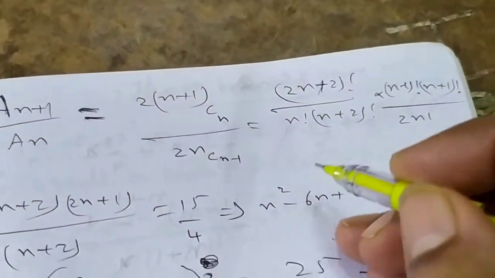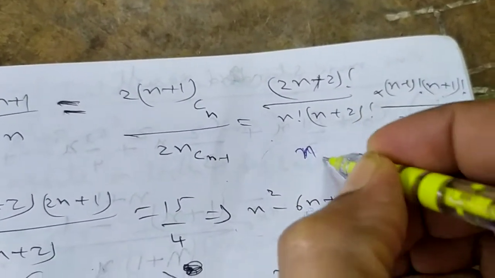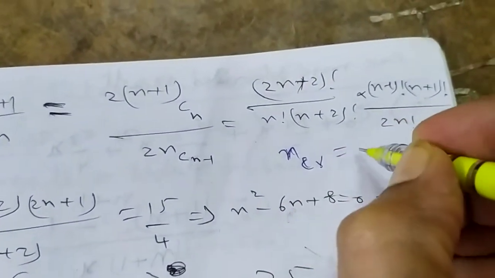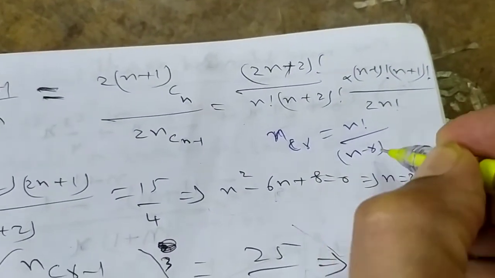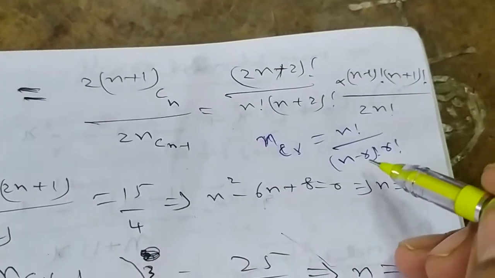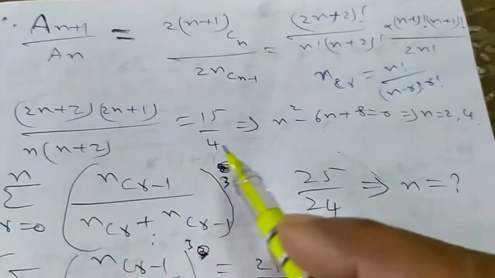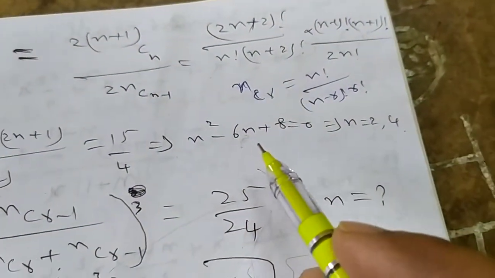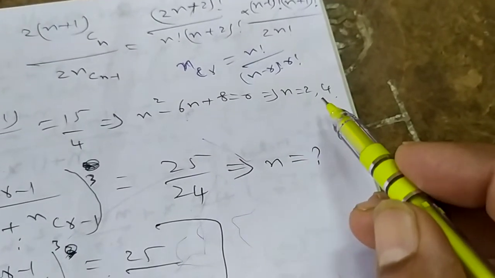Apply the basic formula NCR equal to n factorial by (n minus r) factorial into r factorial to both numerator and denominator, simplify, and get a quadratic in the variable n. Solving gives two values of n. They are 2 and 4.